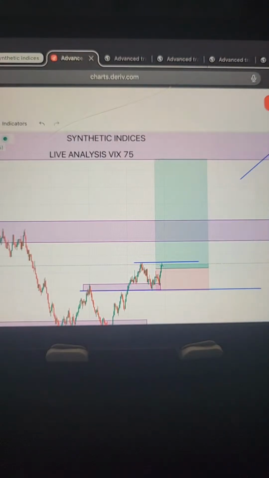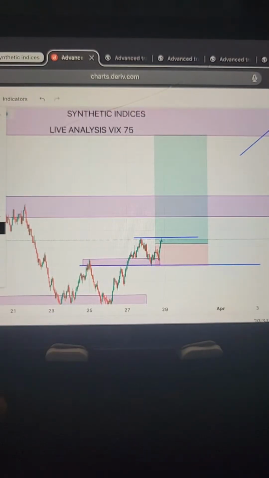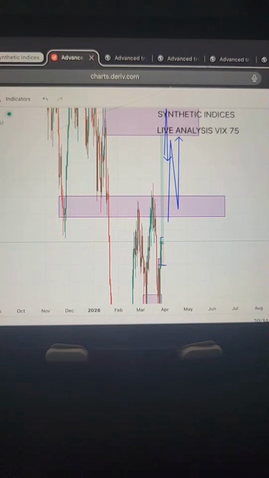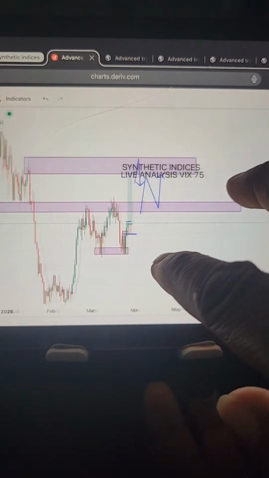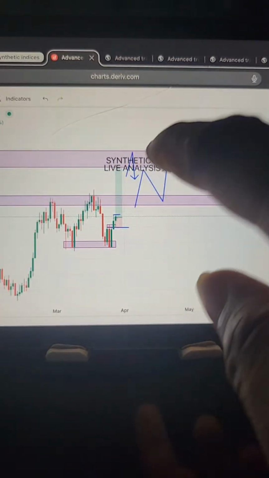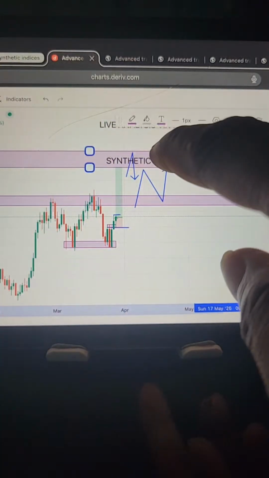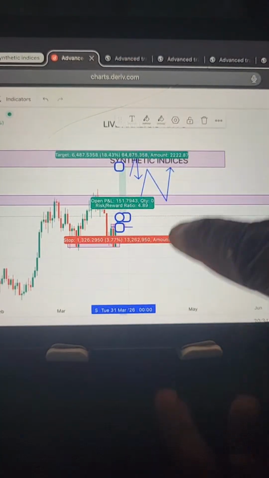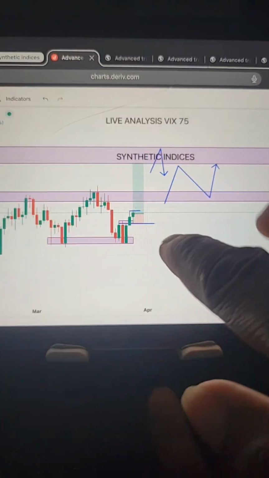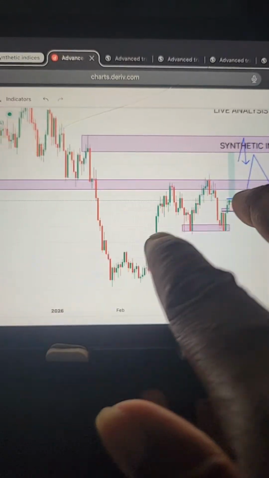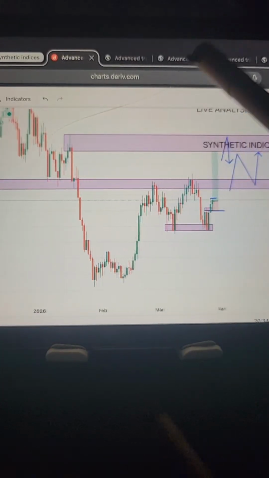So let me just take you guys to the higher time frame so you can see my top down analysis and why I'm buying from that zone. All right guys, so if you can see clearly here, price has been trending downward.